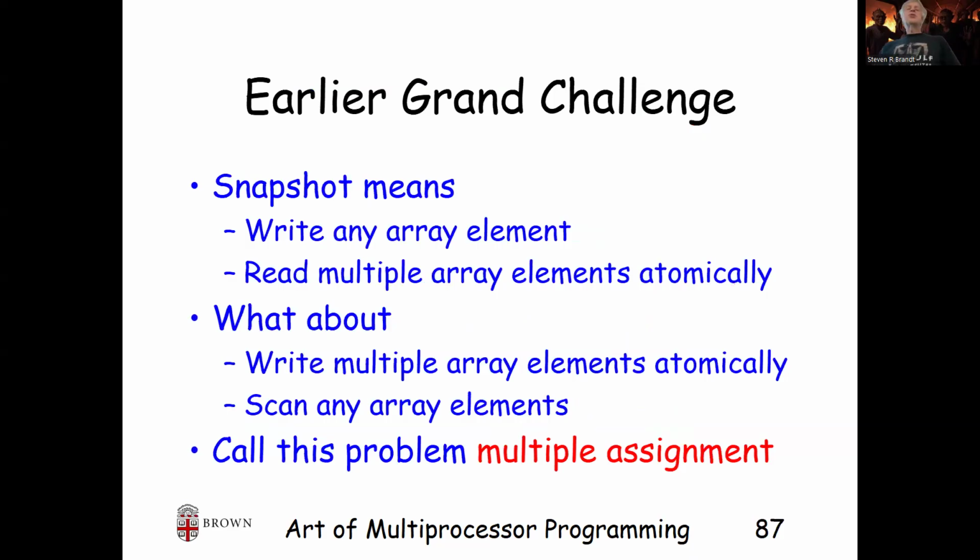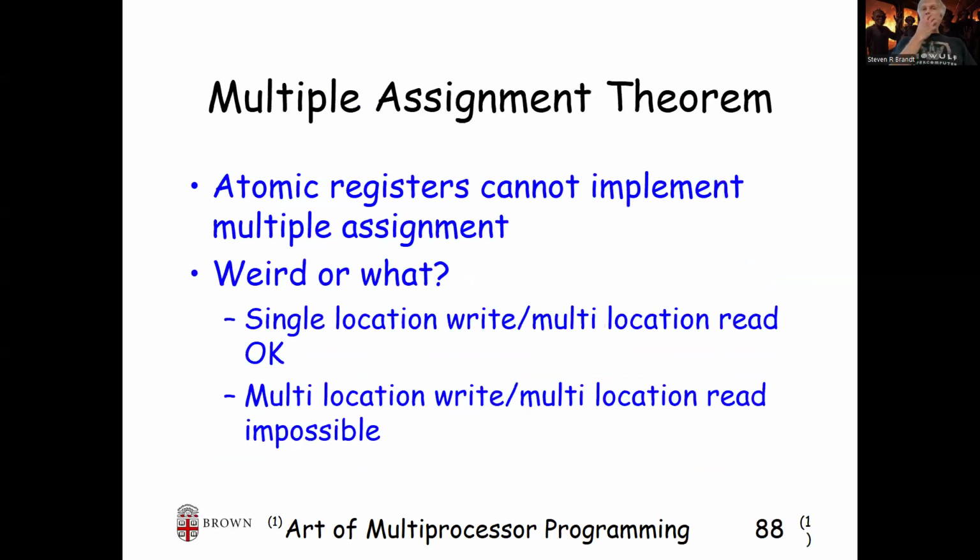So a snapshot means we write any array element and we read multiple array elements atomically. What about if we write multiple array elements atomically and then we scan any array elements? We call this problem multiple assignment. Regular memory registers cannot implement multiple assignment. Weird, or what?